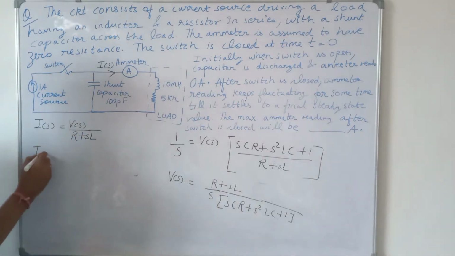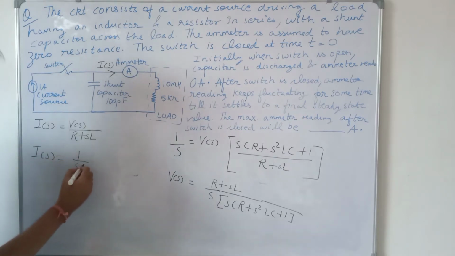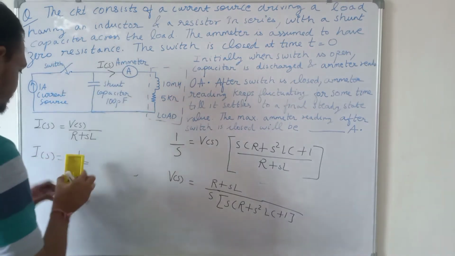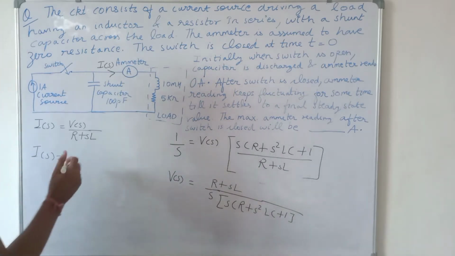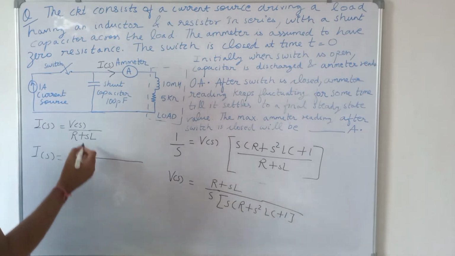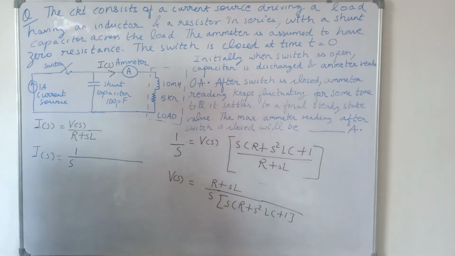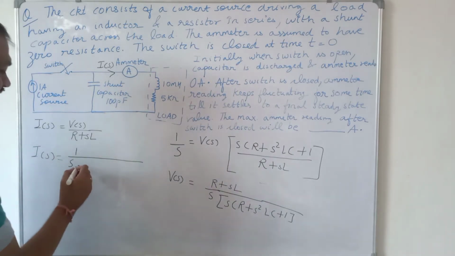So I of S will be equal to 1 upon S times this upon R plus SL, and the R plus SL in the numerator will get cancelled.